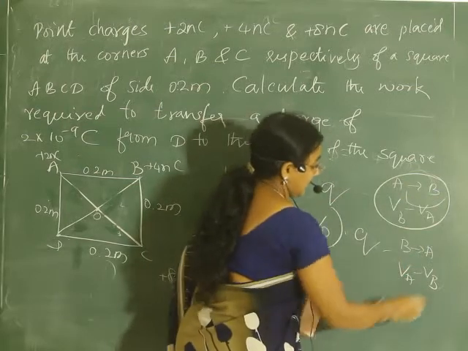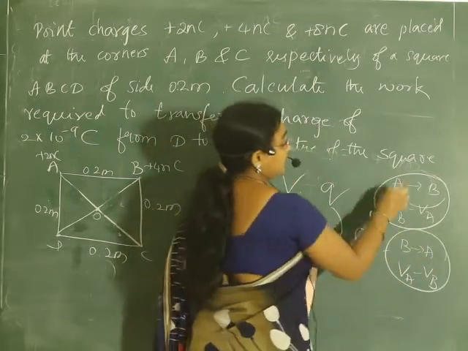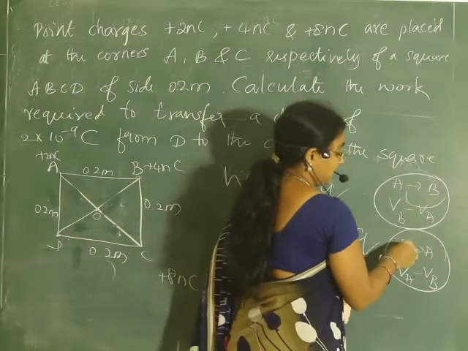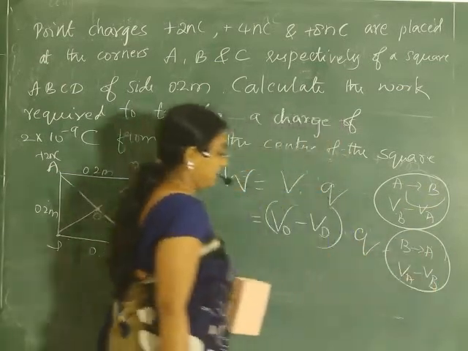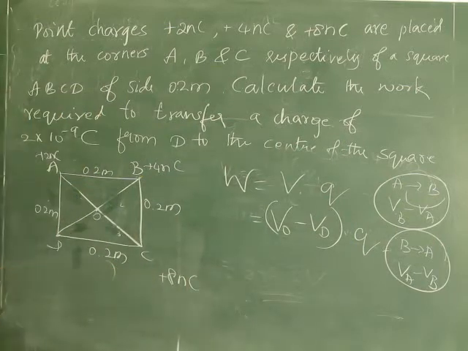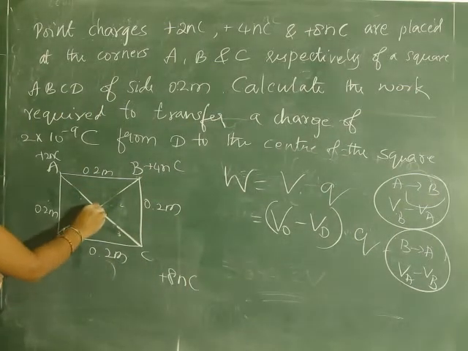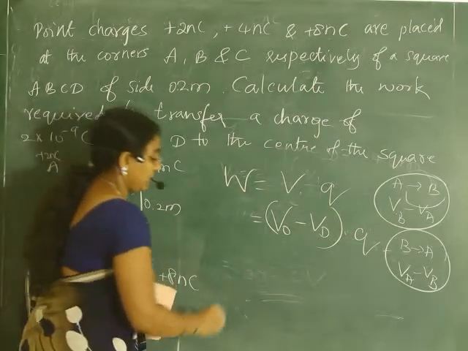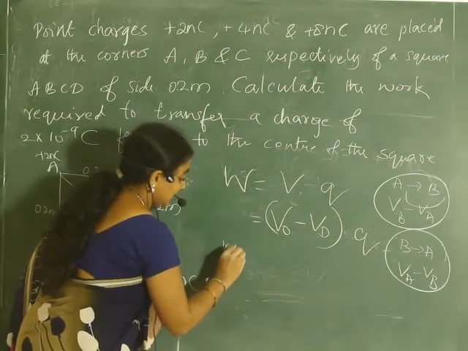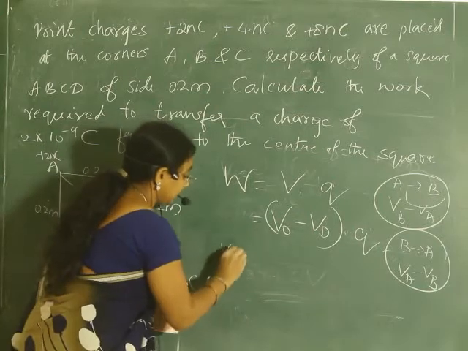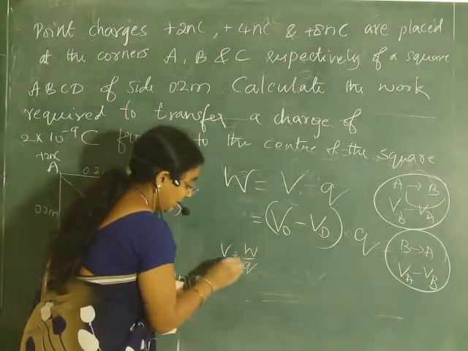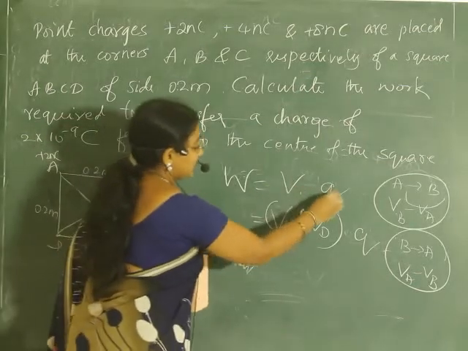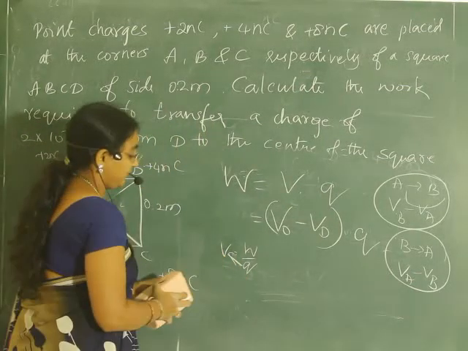Here you have to move a charge from D to O. So VO minus VD into Q. Because potential is nothing but work done per unit charge, so I can say work done is equal to V into Q, where V is the change in potential difference.